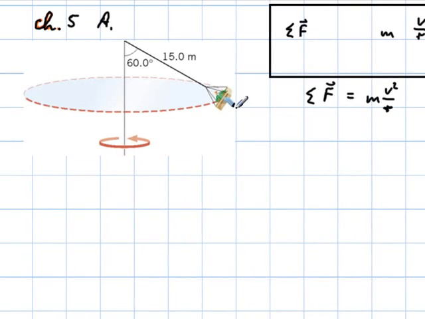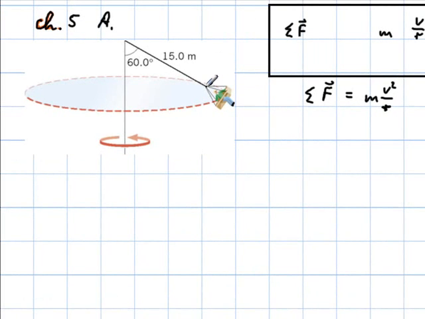Okay, let's see what we got here. They're going to ask for the tension. So tension is in the cable here, T, and we don't know what that tension is, so I'm going to make a question mark there. What else we have given is that the mass is 179 kilograms, which means we also know that the weight equals 1,750 newtons.